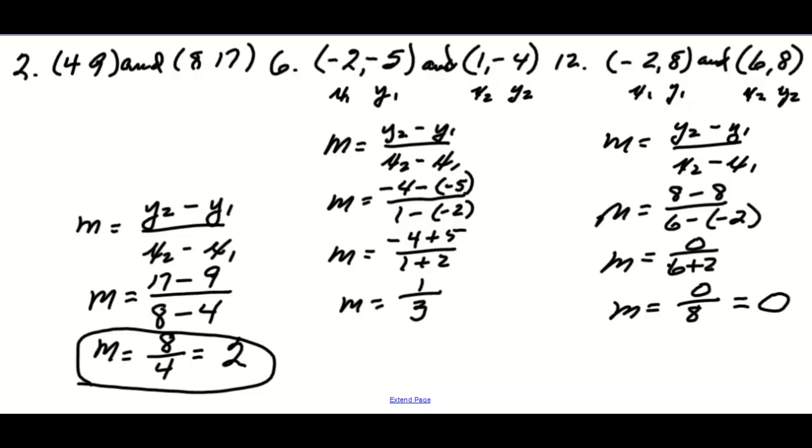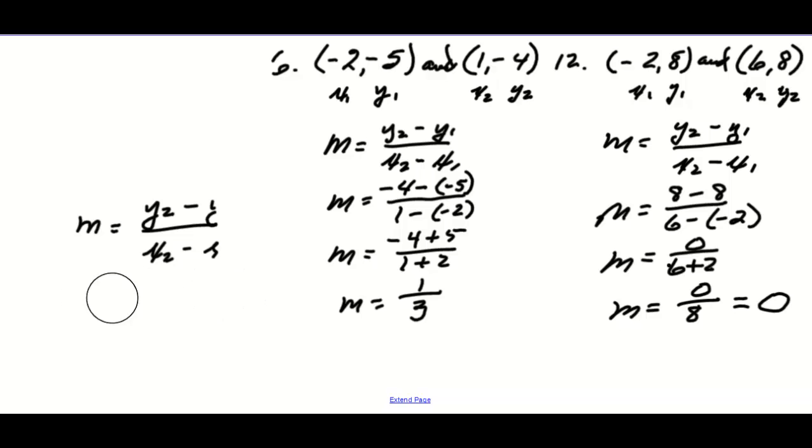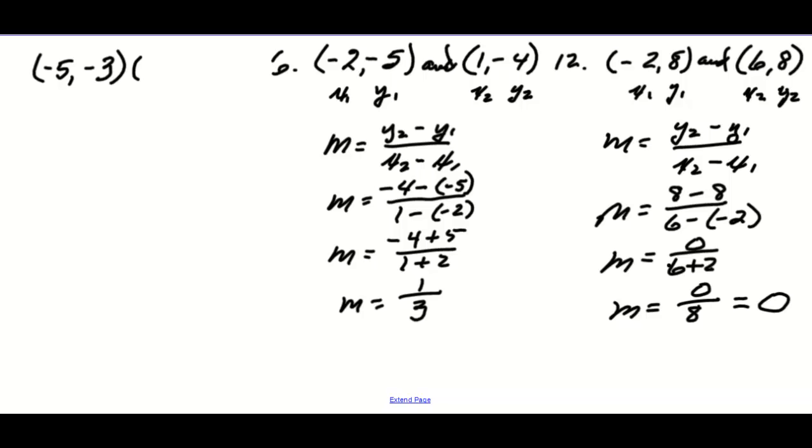I want to take a look at one more set of paired numbers, and that happens to be number 14. In number 14, the combination happens to be negative 5, comma, negative 3, and negative 5, comma, 2.